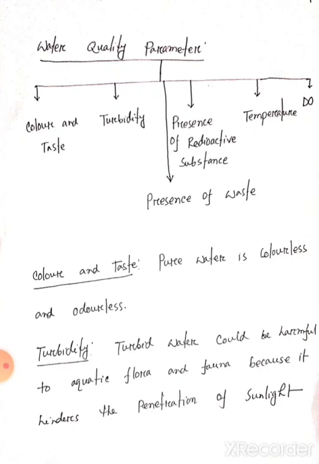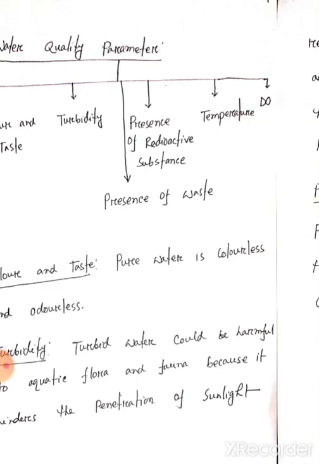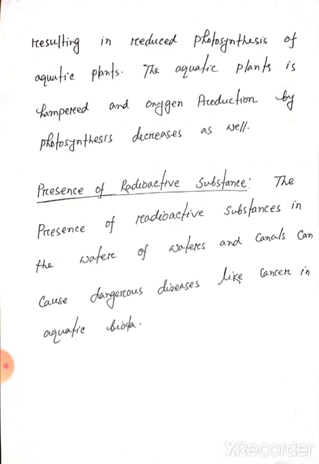So turbid water could be harmful to aquatic flora and fauna because it hinders the penetration of sunlight, resulting in reduced photosynthesis of aquatic plants. We know photosynthesis is the important process for plants. The photosynthesis of aquatic plants is hampered and oxygen production by photosynthesis decreases as well.